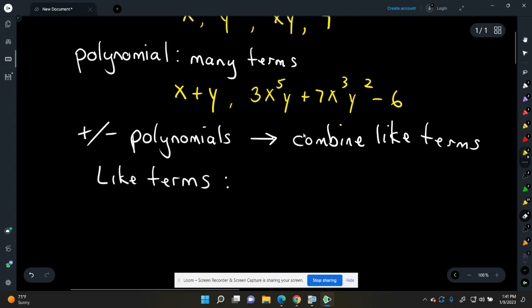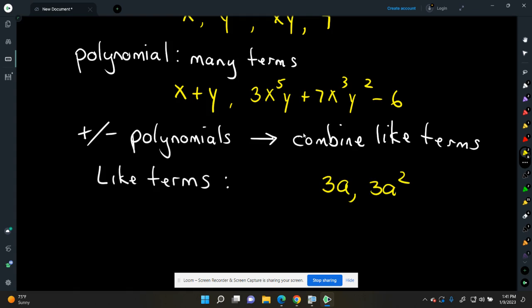A term that's like the other one. So what makes it like it? So if I had 3a and 3a squared, are they like terms? Yes? Okay, so how would I combine those? What would that equal? 6a squared? Okay, so we're right. The a is correct.